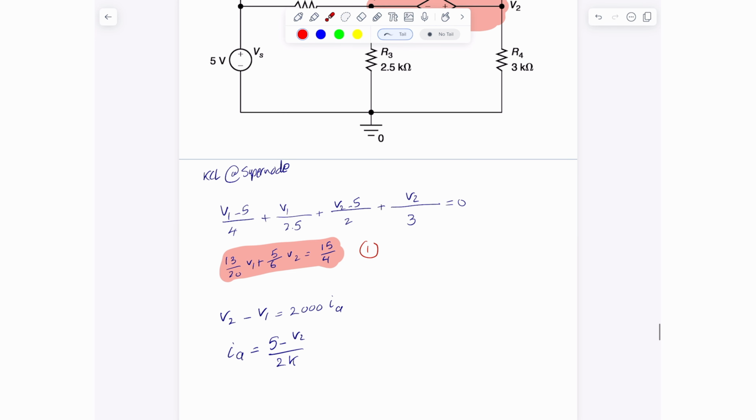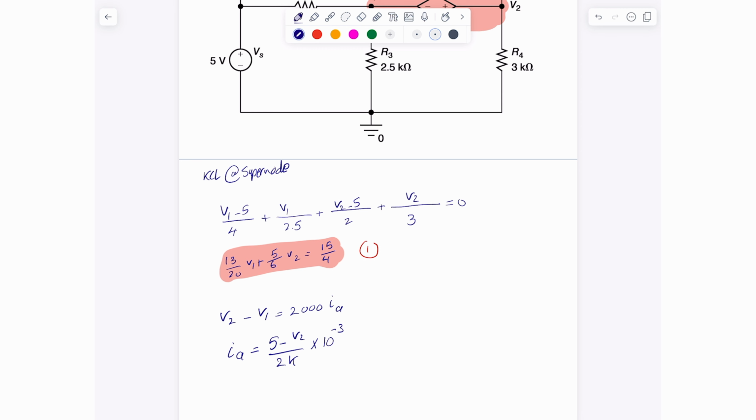So 5 volts minus V2 is in volts, and because this is in kilo ohms, that is assumed to be in milliamps. So I need to do some conversion. Since it is in milliamps, I'll convert it to amps, which is times 10 to the minus 3. And that will be the IA.